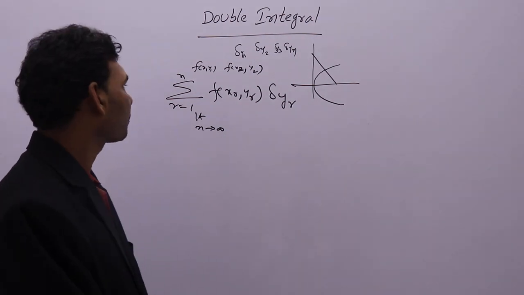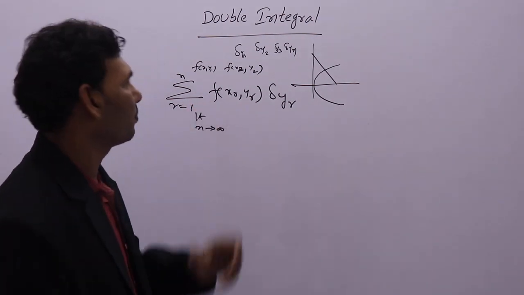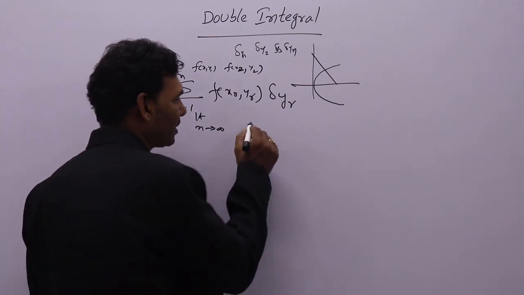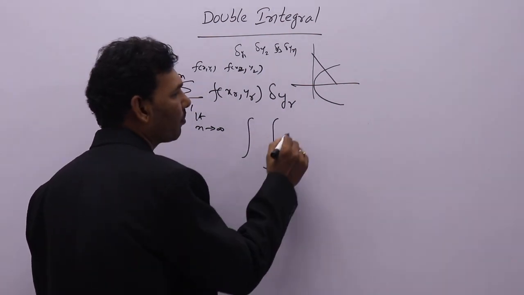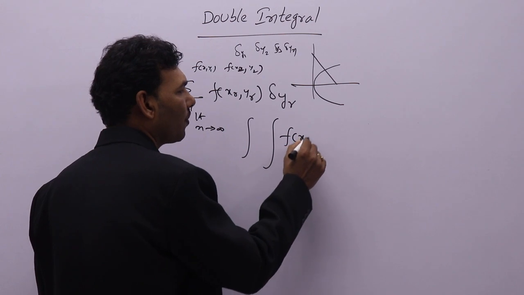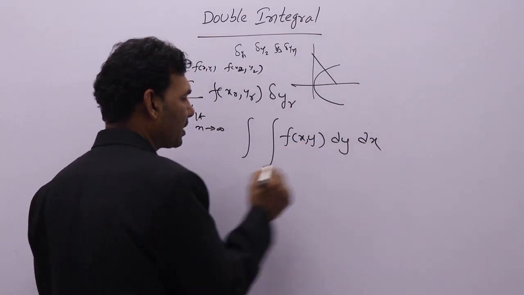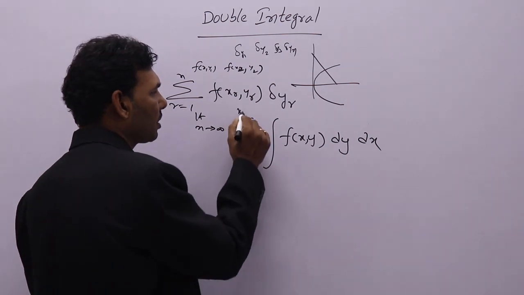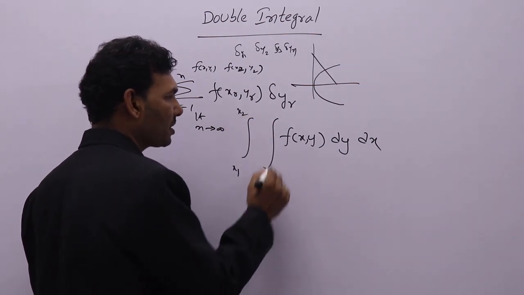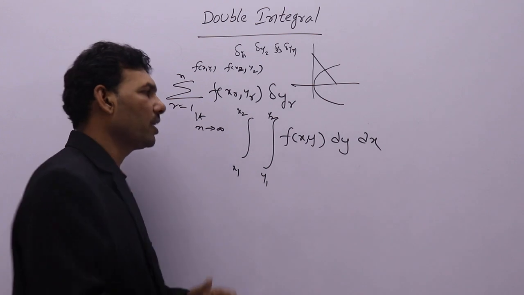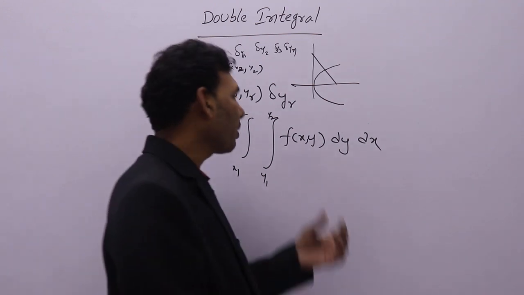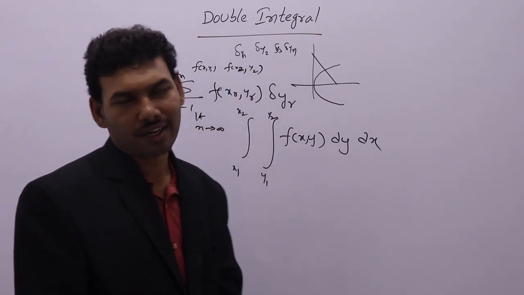Then this sum is represented like this, double integral f of x y dy dx with particular limits. x1, x2 are x limits, y1, y2 are y limits. So we represent double integration of a function like this.